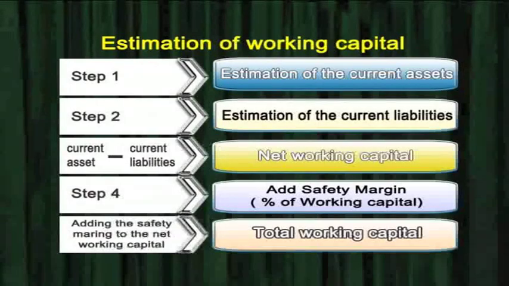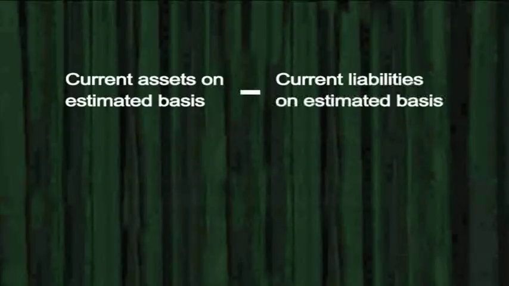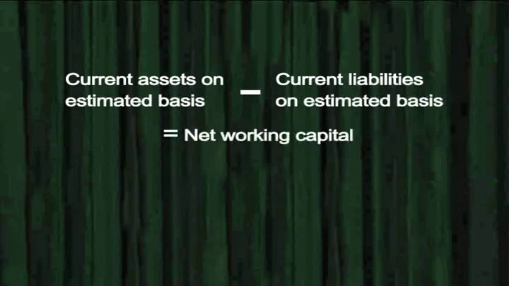Next one will be after adding of the safety margin to the net working capital, we will compute the total working capital. So, just to summarize it: current assets on estimated basis minus current liabilities on estimated basis, we are getting net working capital.